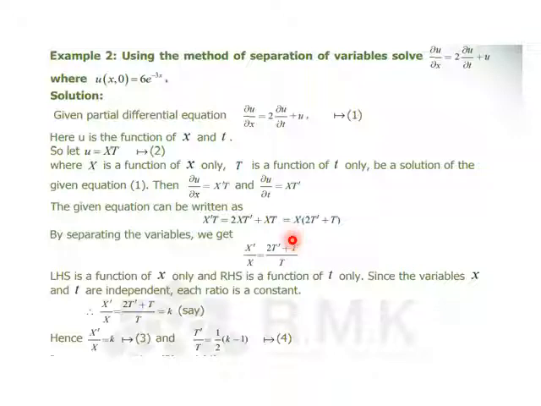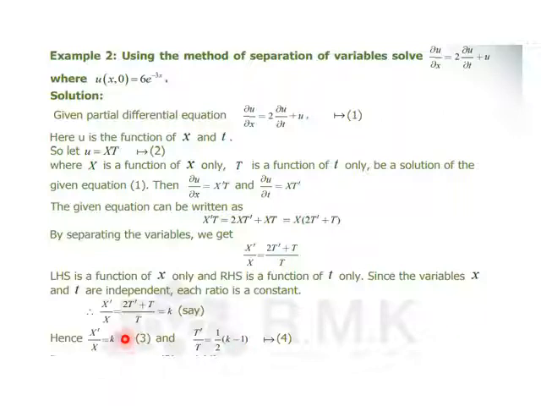Now we are going to equate these two ratios to k. Taking the first and the last, we get X dash by X equal to k. Second and the last will give T dash by T equal to, after taking the other term to the other side, k minus 1, and the 2 is brought to the denominator.